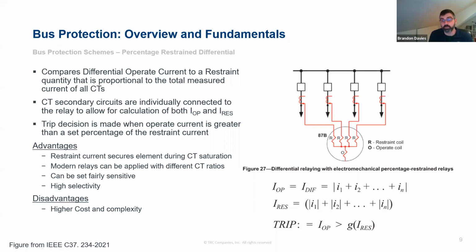And then we're looking at a restraint signal as well. And the restraint signal is also a sum of those currents, but in this case, we're just looking at the magnitude. And we're summing the magnitude of each of them as a restraint quantity, basically looking at how much current is going through the bus now. Doesn't matter if it cancels itself out, but how much current is going through there.